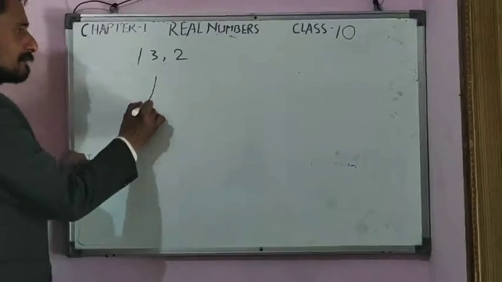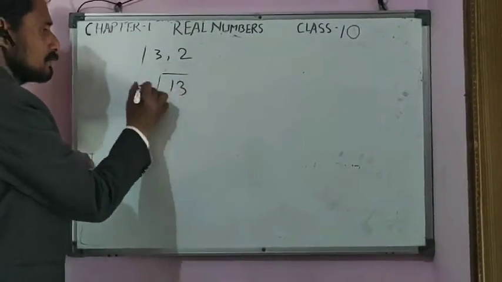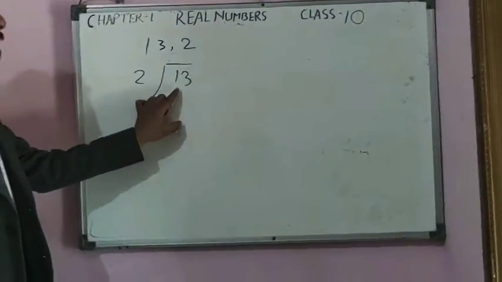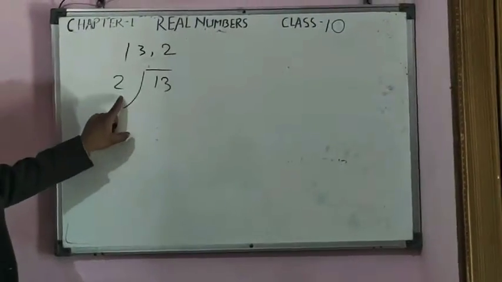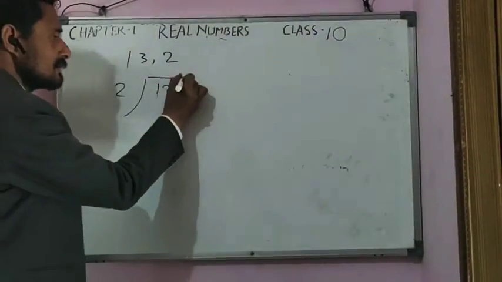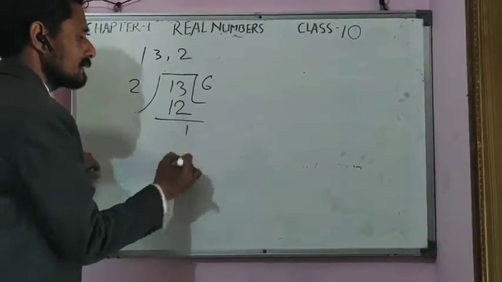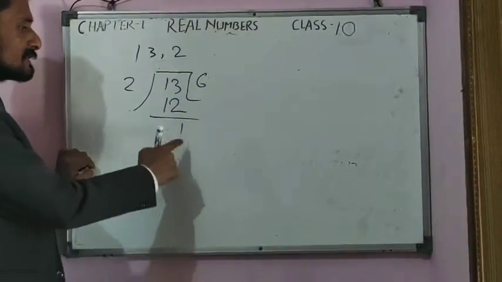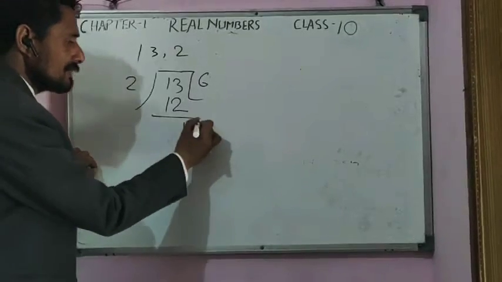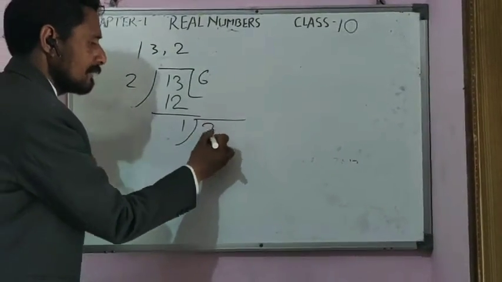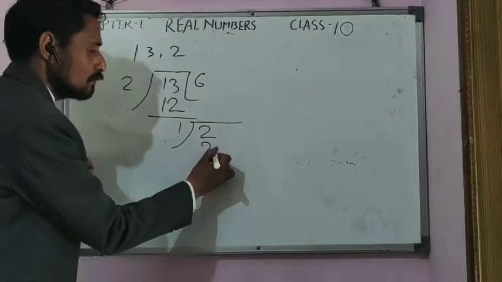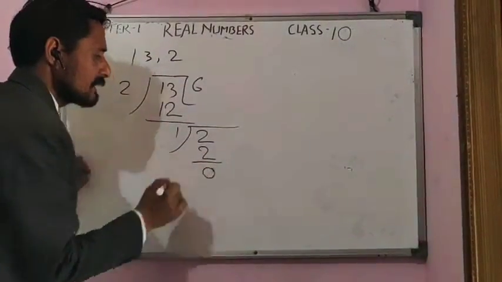If we divide 13 by 2, in this case 13 is the dividend and 2 is the divisor, and it divides 13 six times, giving 12, and we have the remainder 1. So 1 is the remainder. But again, if we divide 2 by 1, we get 2. In this case the remainder is 0.